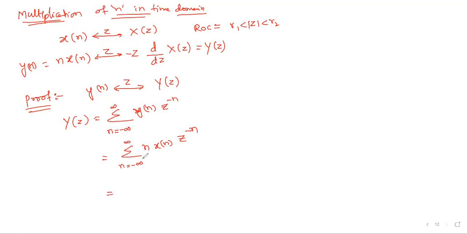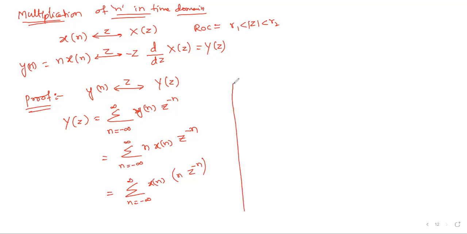Here n is there, x[n] and z^-n are there. So now I will write n and z^-n nearby, like one group.